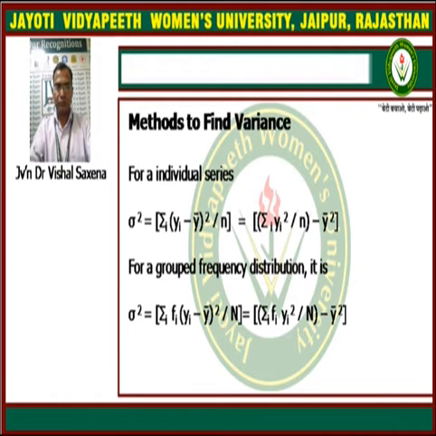For the group data series, the group frequency distribution, the variance sigma square is equal to summation fi into yi minus y bar whole square upon n, which can be reduced to summation of fi into yi square upon n minus y bar whole square.